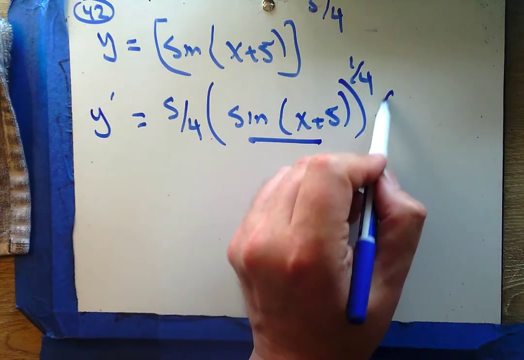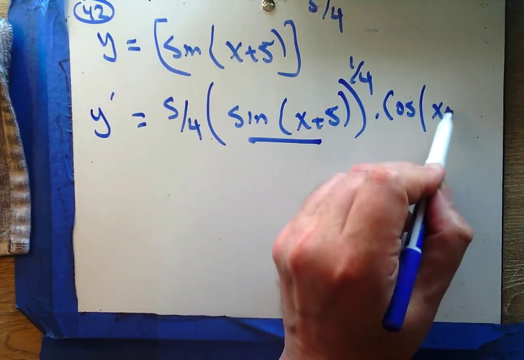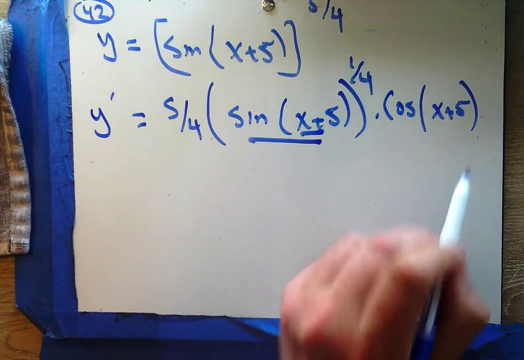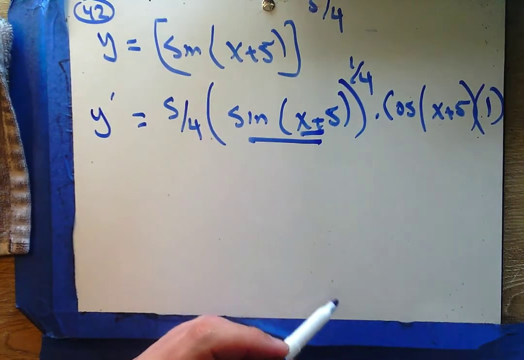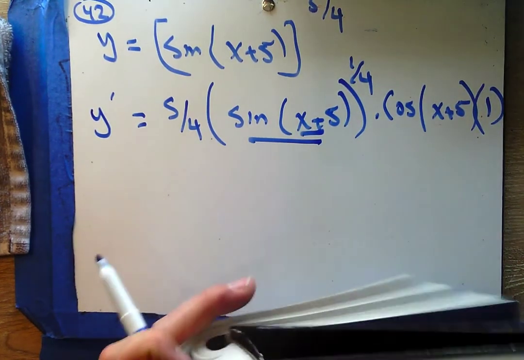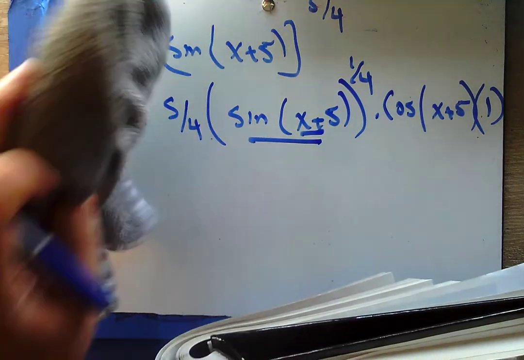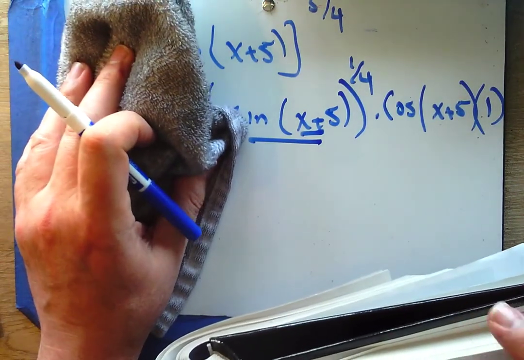The derivative of sine is cosine, and then the derivative of x plus 5 is 1. That's it. Okay, what else did we have? I think we had something like 16, 49. 49 on the next page.